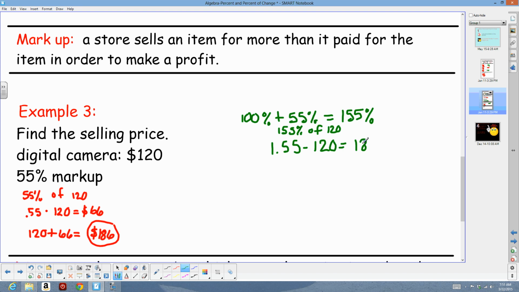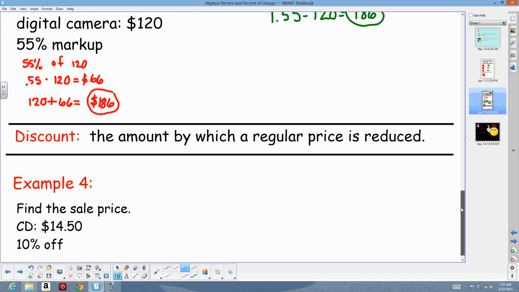Basically, it's kind of a quick way to get to the same answer rather than doing two separate parts, because this part right here can be done in your head. 55% markup means you're going to pay 155% of the price. So 1.55, that's the percent as a decimal, times the 120 price will give you $186. You can choose to solve this type of problem either way.